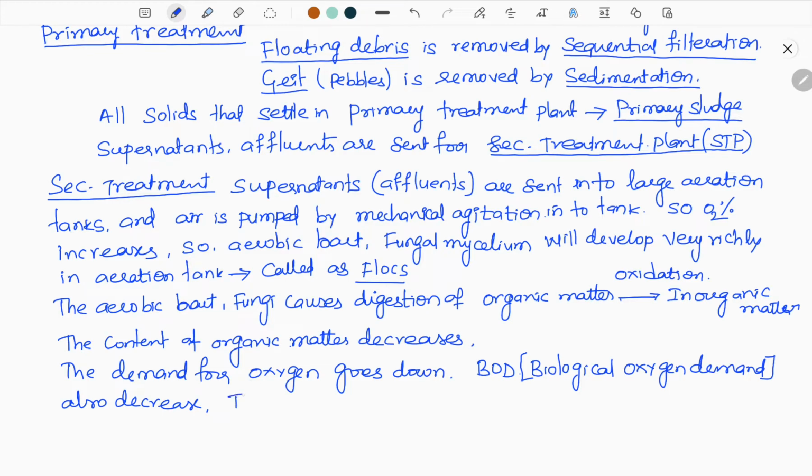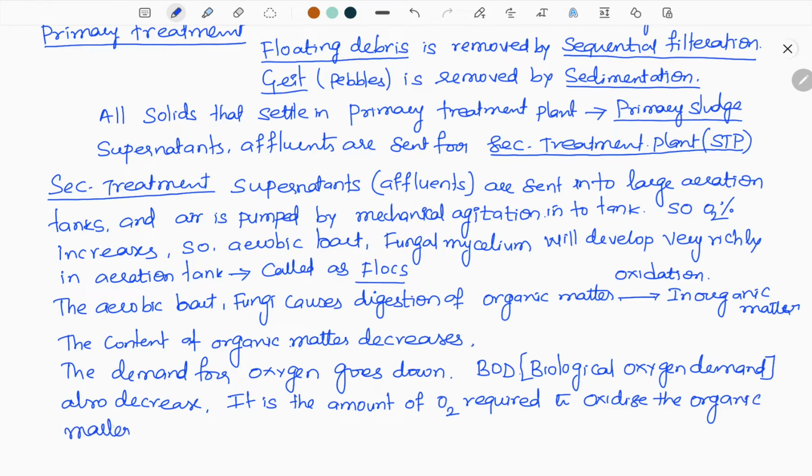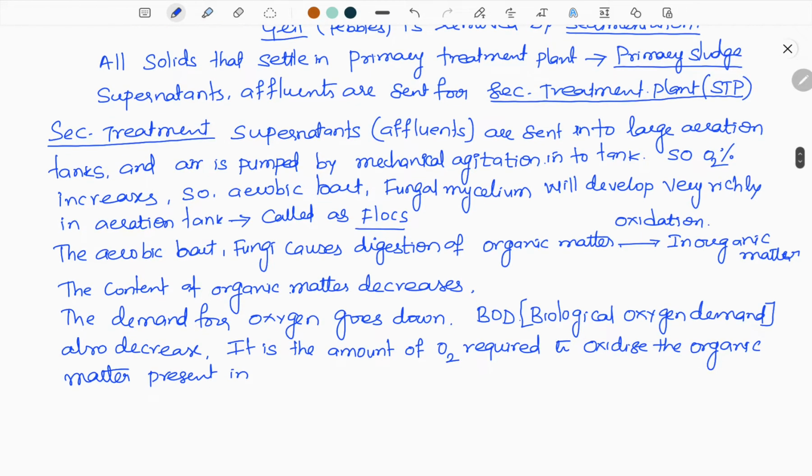So I write it here: it is the amount of oxygen required to oxidize the organic matter present in 1 liter of water.